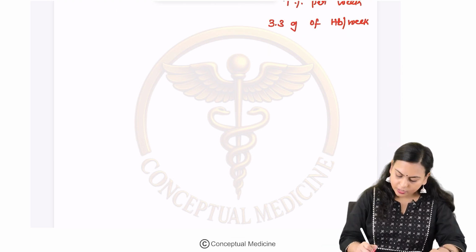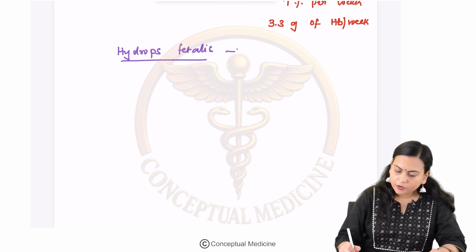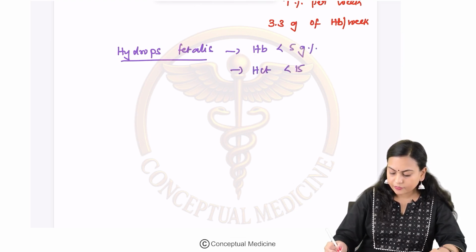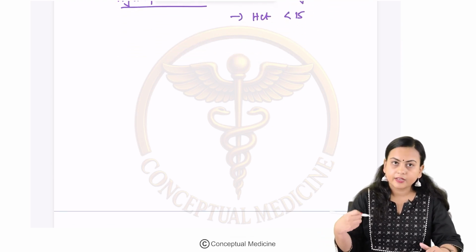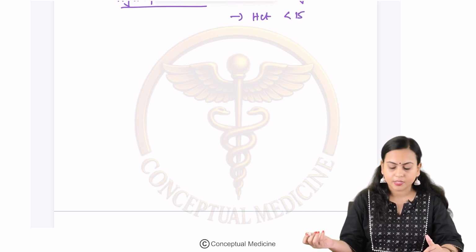So Hydrops Fetalis occurs when the hemoglobin becomes less than 5 gram percentage and the hematocrit becomes less than 15. Clear? And remember the fact that whenever there is Hydrops Fetalis, the recurrence risk is about 90%.